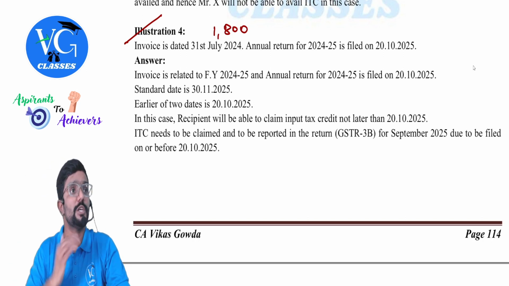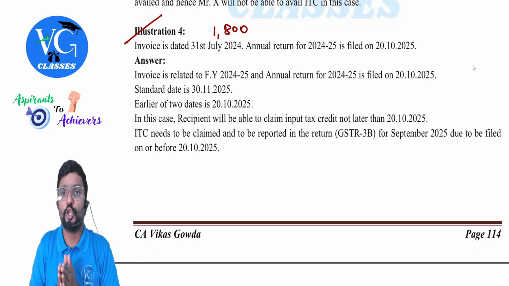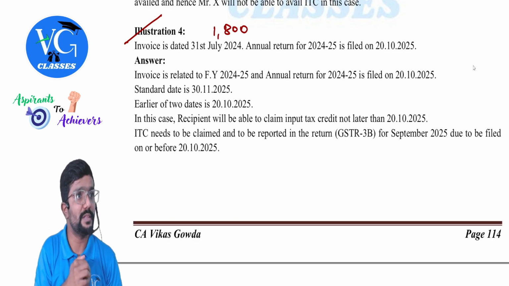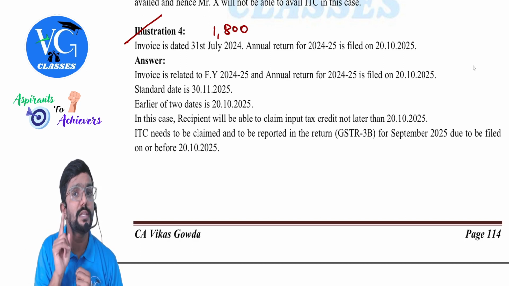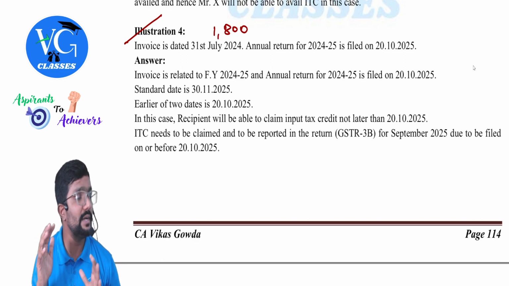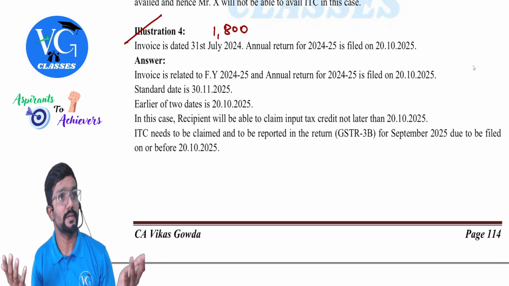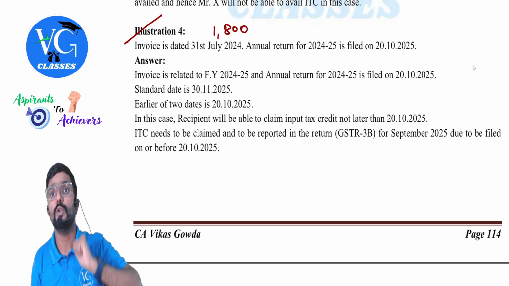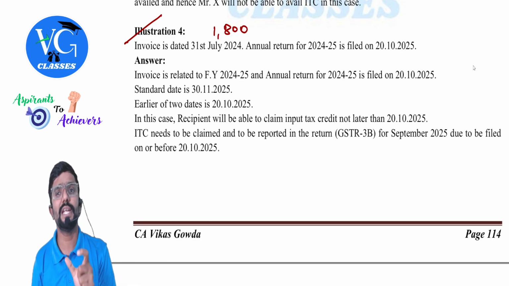Now you might also question me, sir, the deadline is 20th October, no sir? So we will claim it in GSTR 3B of October month. GSTR 3B of October month you will file when? In November. By then time is already expired. So can you claim this credit in October month GSTR 3B? No. Simple, guys. What is the deadline to claim credit? 20th October.